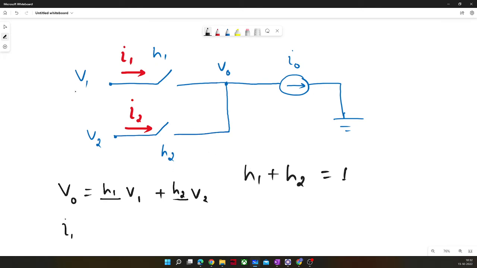And if you replace V2 with ground, or make it zero, it is nothing but your buck converter. Let's say V2 is zero, so this term gets cancelled. That's why I told you that you know this circuit. Vo will be H1 V1, and the H1 average value is D, the duty cycle. So you will get Vo equal to D V1. This is very simple, right?